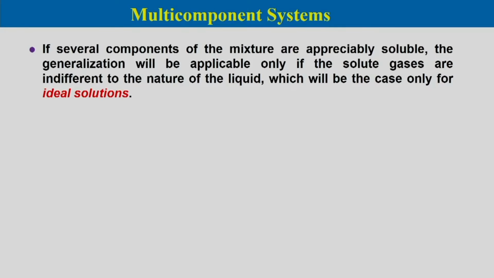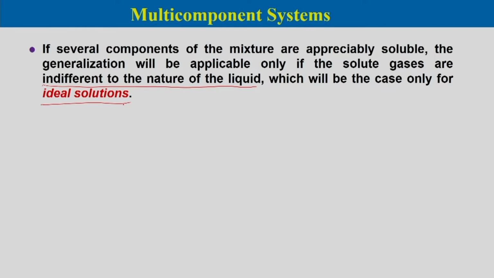But if the components of the mixture are appreciably soluble, the generalization will be applicable only if the solute gases are indifferent to the nature of the liquid. Indifferent to the nature of the liquid means that if they are soluble in the solvent and form an ideal solution, then it will not influence.